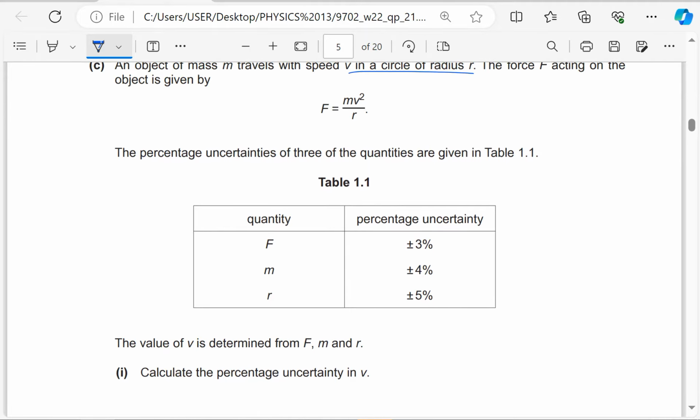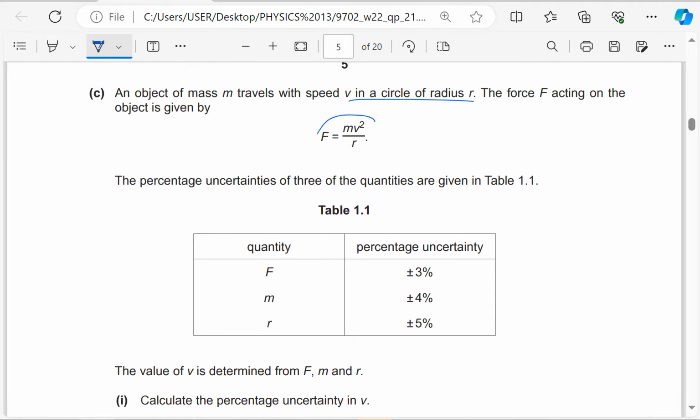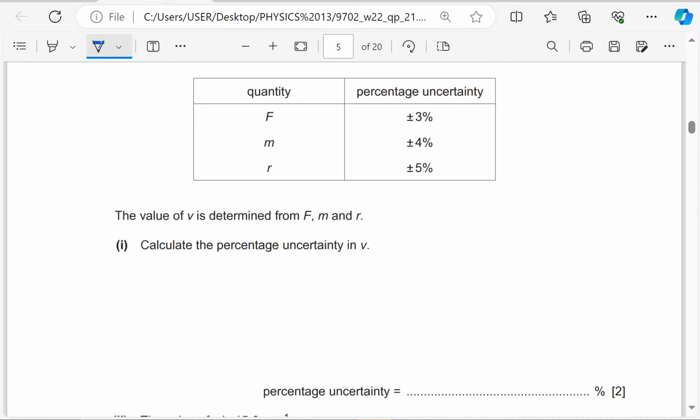I'll first of all make v the subject of this formula. Making v the subject, v is going to be the square root of F times r divided by m. Remember, square root is power half, so this is the same as (Fr/m) raised to power a half.